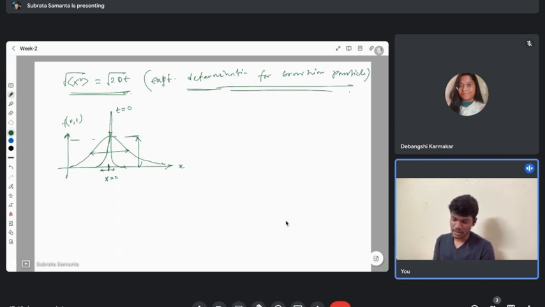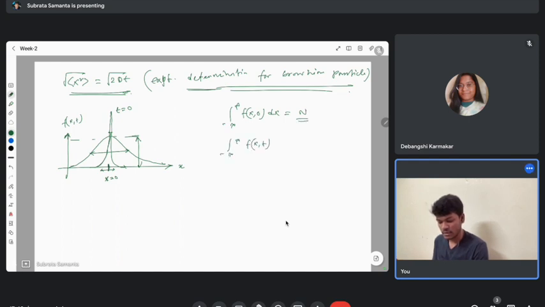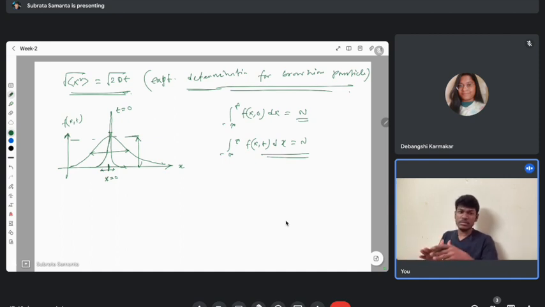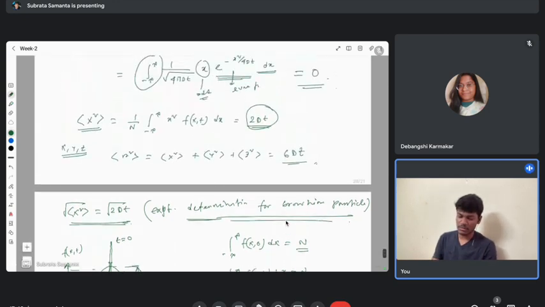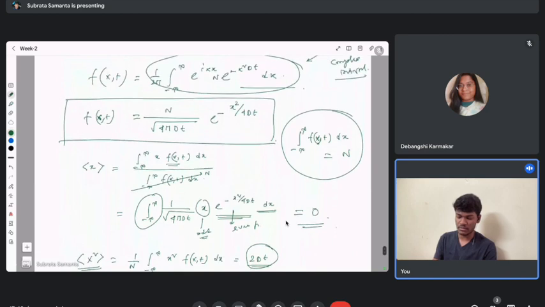Initially the integral of our whole curve gives 1. Integrating f of x, 0 dx from minus infinity to infinity gives N. If we increase to time t, the integral of f of x, t dx also gives N. So if we increase the time, the probability distribution spreads out because the particles diffuse.